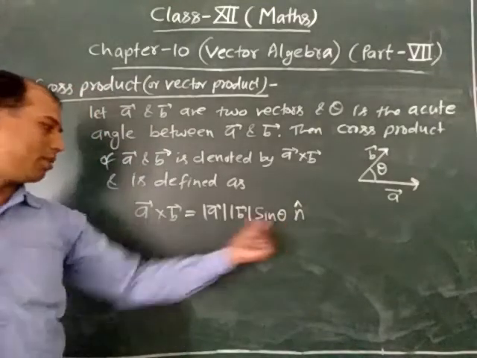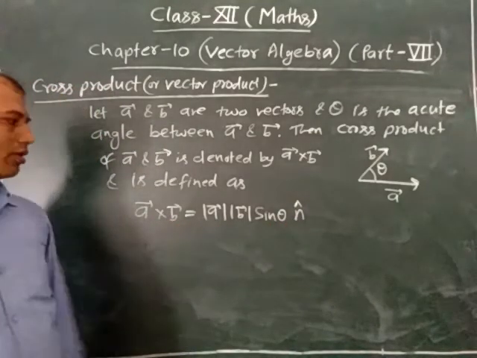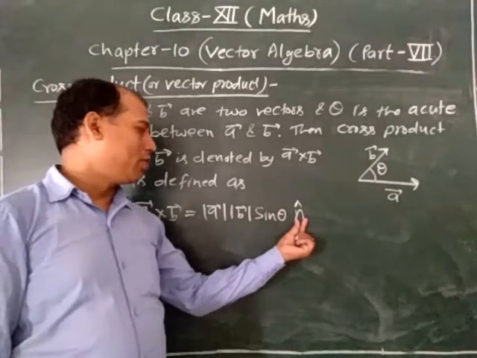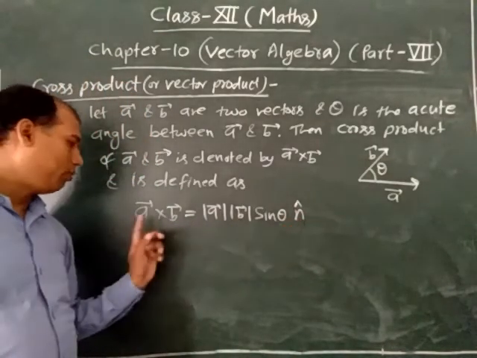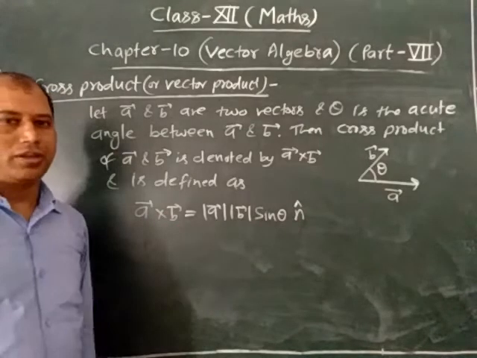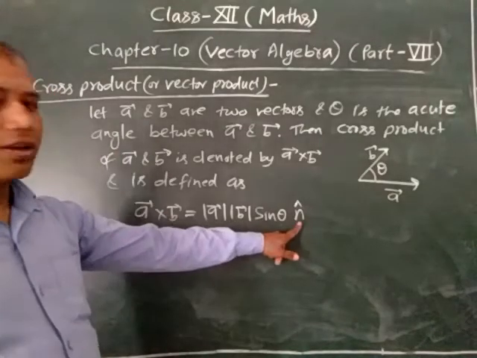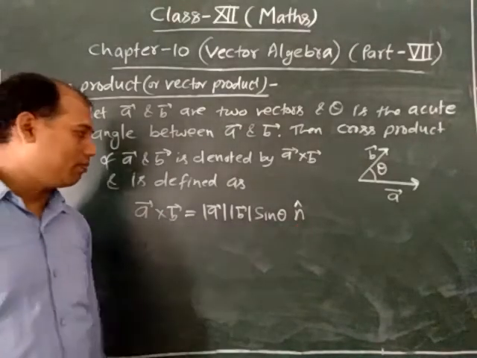Here theta is the angle between vector A and vector B, and n cap is a unit vector which is perpendicular to both vector A and vector B and having the direction according to the right-handed system.